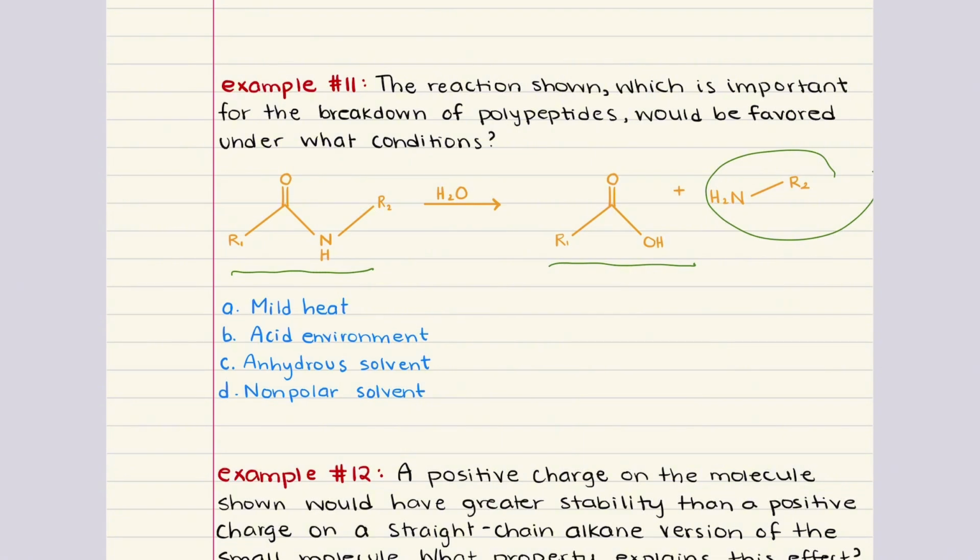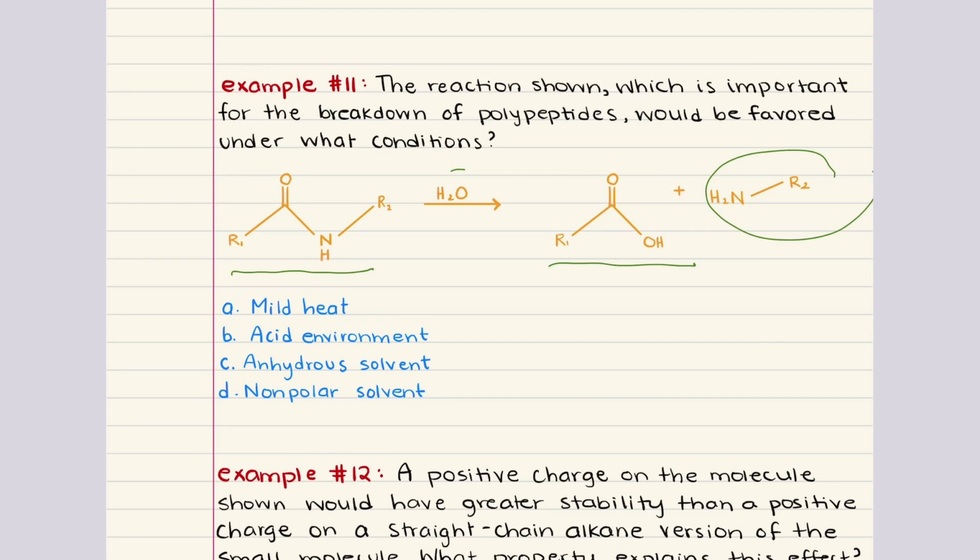The amide carbonyl is electrophilic, but not very reactive on its own. So to promote this reaction, we need to activate the carbonyl and make it more susceptible to nucleophilic attack. That's where the acidic conditions come in. Acid can protonate the carbonyl oxygen, increasing the partial positive charge on the carbonyl carbon and making it more electrophilic.